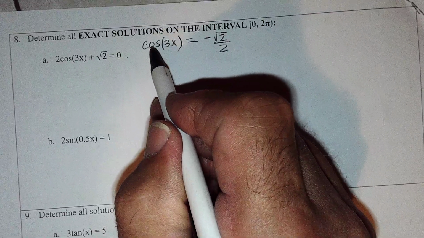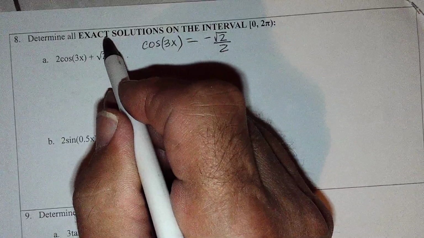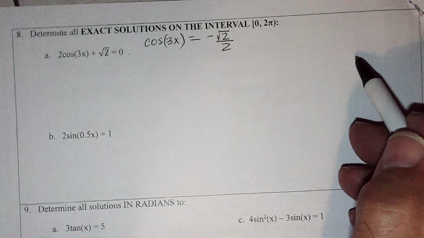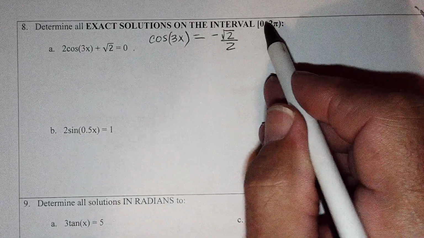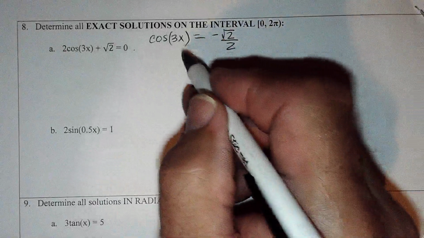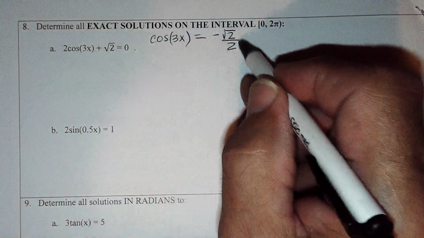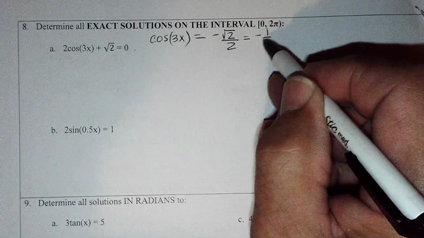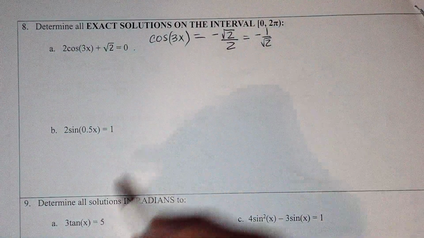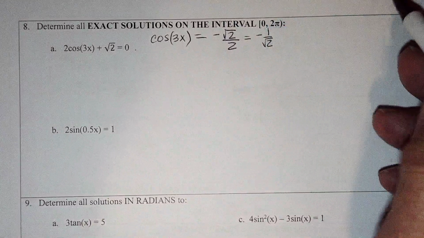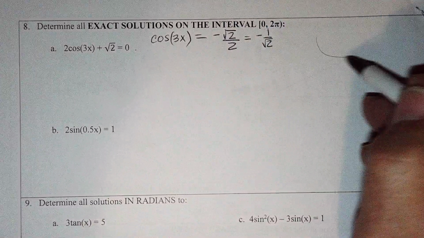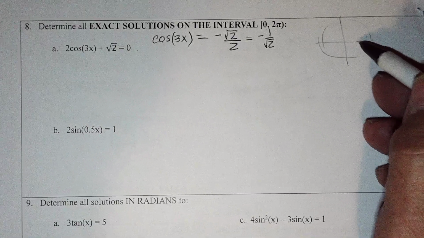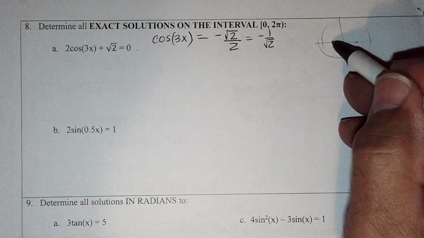So now I got to do cosine inverse. And I want all the solutions between 0 and 2 pi. So I'm going to write what all of them look like, not just between 0 and 2 pi. So when is the cosine this? Which, by the way, is the same as minus 1 over the square root of 2. And that happens on a 45 or pi over 4. And the cosine is minus here.